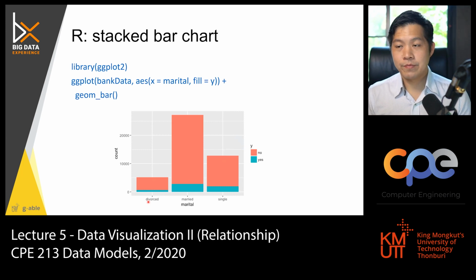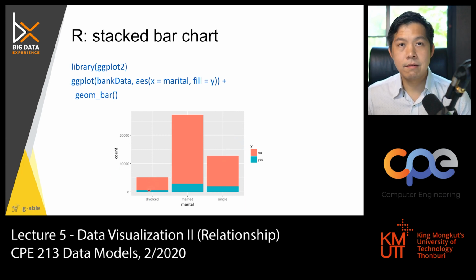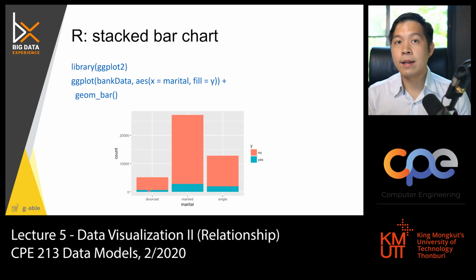This graph is good in viewing the amount, and at the same time seeing proportion. But this graph might not be suitable if you want to compare across the categories to see if they are related or not.